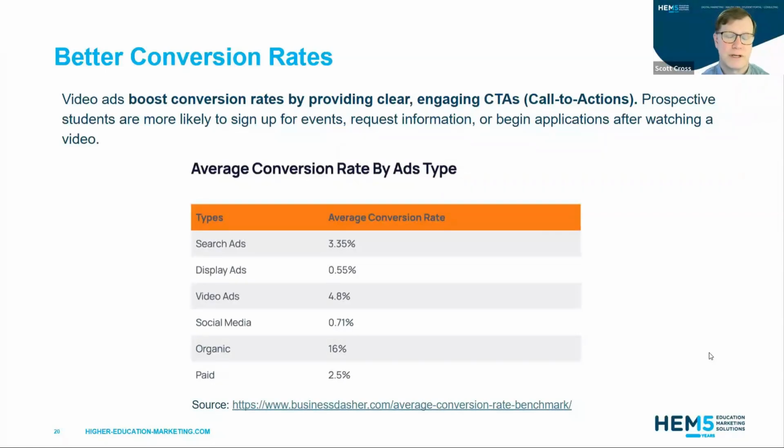So video traffic that's not involving ads but comes to you organically or through perhaps Google search, that's going to be your better conversion rate overall all the time. But in terms of among the ads, the video ads turn in a better conversion rate because you're providing, and this is where we're going to get a little deeper, engaging, clear calls to action, or CTAs.